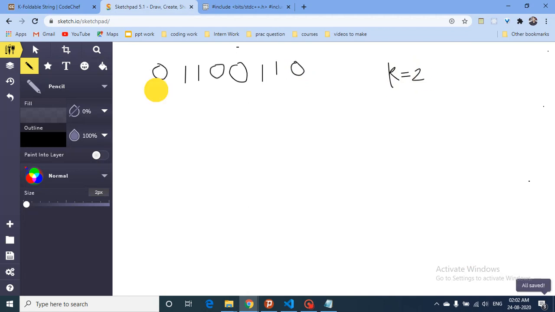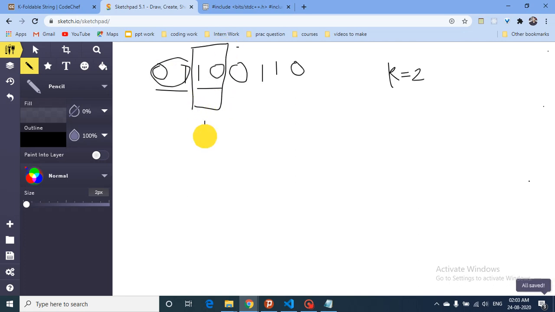Take the first two characters and see that the next two characters are just a reverse of it, a mirror image. You can take this and fold it upon this. Just imagine that this is a paper, take this half of the paper and fold it on the other half, so it will be a mirror image, and now only this part of the paper is left.